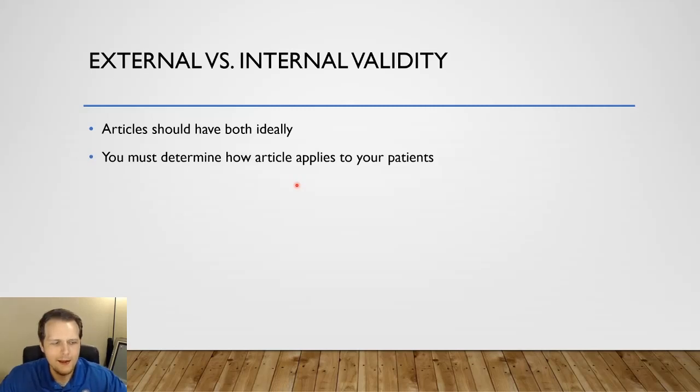Now, external validity is probably more important when, let's take for granted that the article you're looking at has good internal validity. It got published in the New England Journal of Medicine. It probably is going to have some internal validity there. External validity is that next step where you're actually going to say, well, how does this apply to my patient? So in the example we were looking at, dealing with opioid overdoses and giving them naloxone in Maryland.